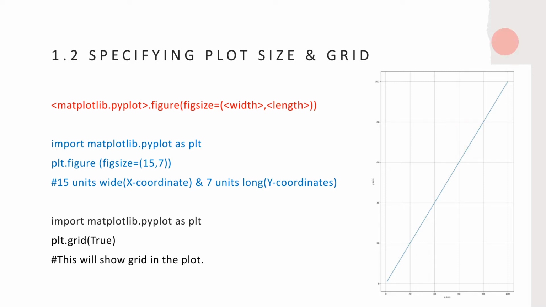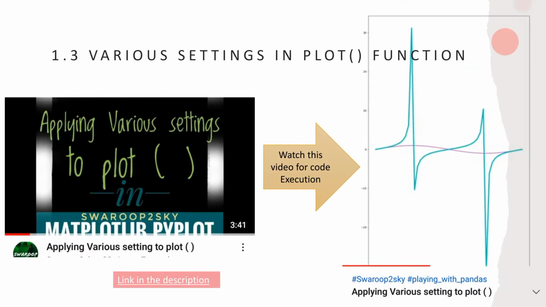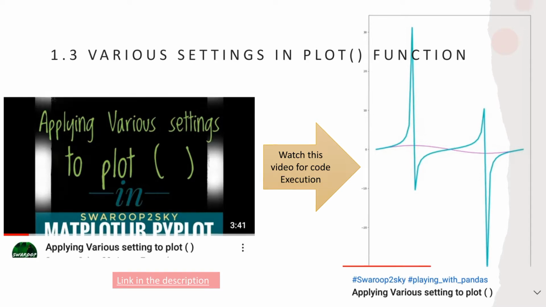Now if you want to learn more settings on the plots, I would recommend this video. It is a 3 minute video and you can easily watch it, because we have done just simple coding there like this and explained the plots. So not to go into more detail, the link is in the description.